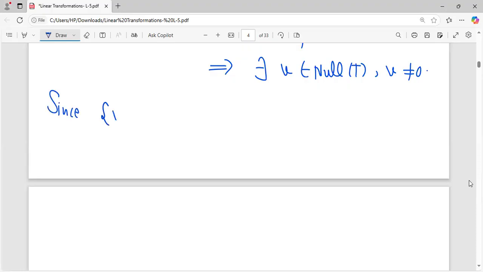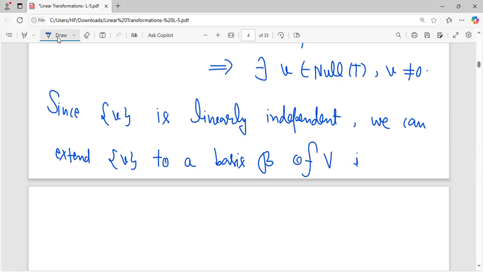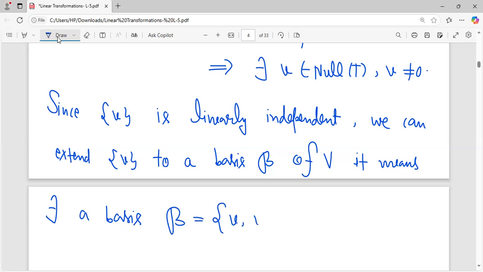Since this set is linearly independent, we can extend B to a basis V dash of V. It means there exists a basis V dash equal to B, V1, V2 up to Vn minus 1.